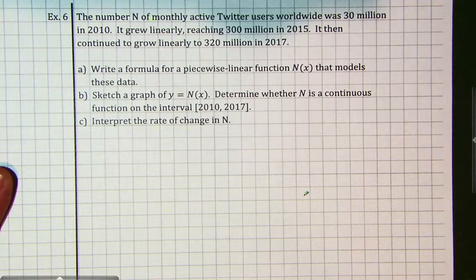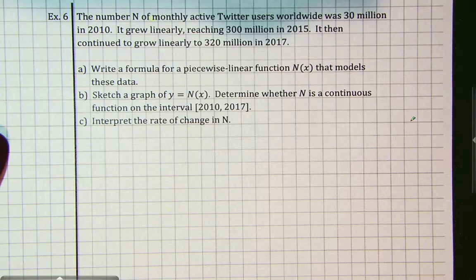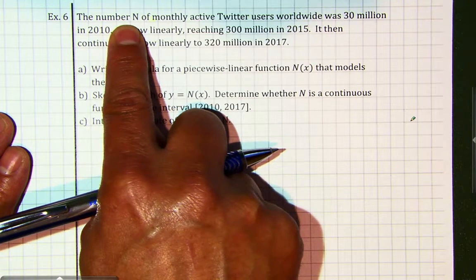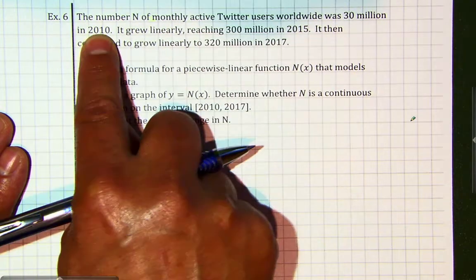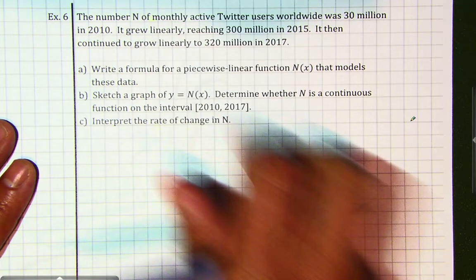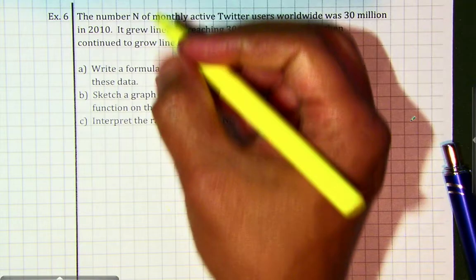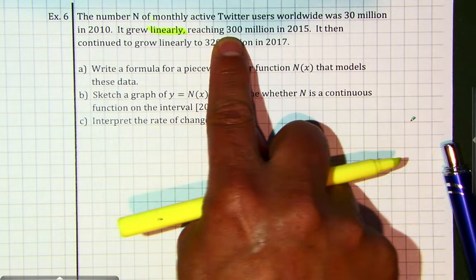So in this case, it says the number n of monthly active Twitter users worldwide was 30 million in 2010. It grew linearly, so it's going to be a linear function, reaching 300 million in 2015.